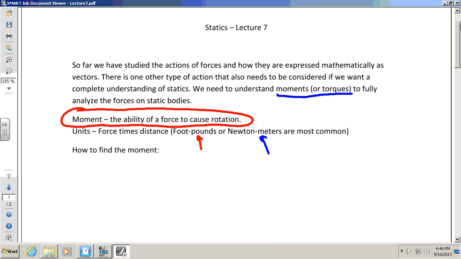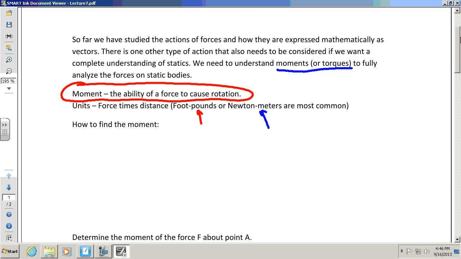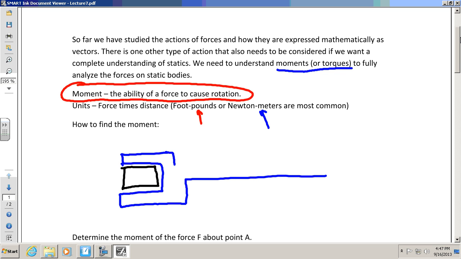All right, so let's think about this before we get into the math. Let's think intuitively about this. Let's say you are trying to loosen a bolt. You've got a wrench, and let's say this bolt is a really tough one.